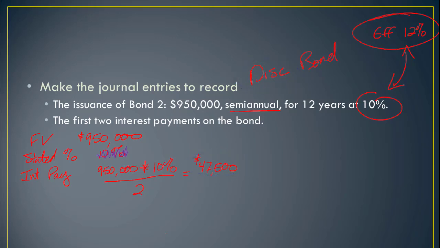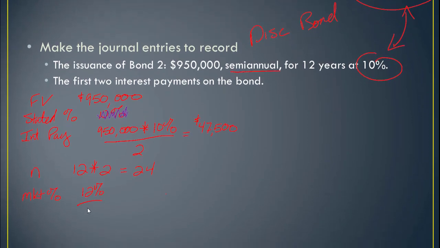Now that I know my interest payment and I know that it's a discount, then I can get rid of this 10%. I don't want to accidentally use it. So let's see. Now I need to know my N, and it's a 12-year bond, 2 payments per year. So my N will be 24. And then I need to know my market rate. And my market rate we said was 12%, but this is semi-annual.